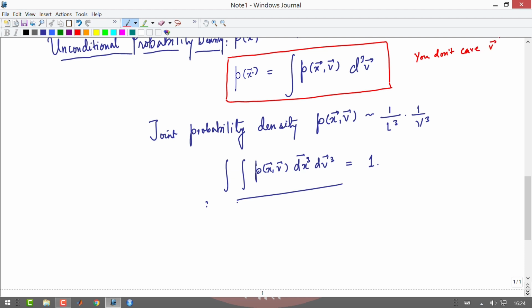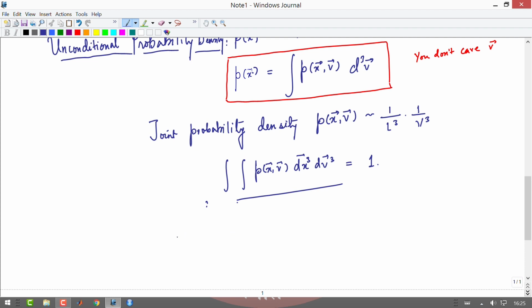The other subset is positions. You say I want to know the probability of finding a particle at location x. I don't care what the velocities are. So you just integrate the joint probability density over all velocities, and this gives you the unconditional probability density on x. Similarly, you could also obtain the unconditional probability density on velocities.